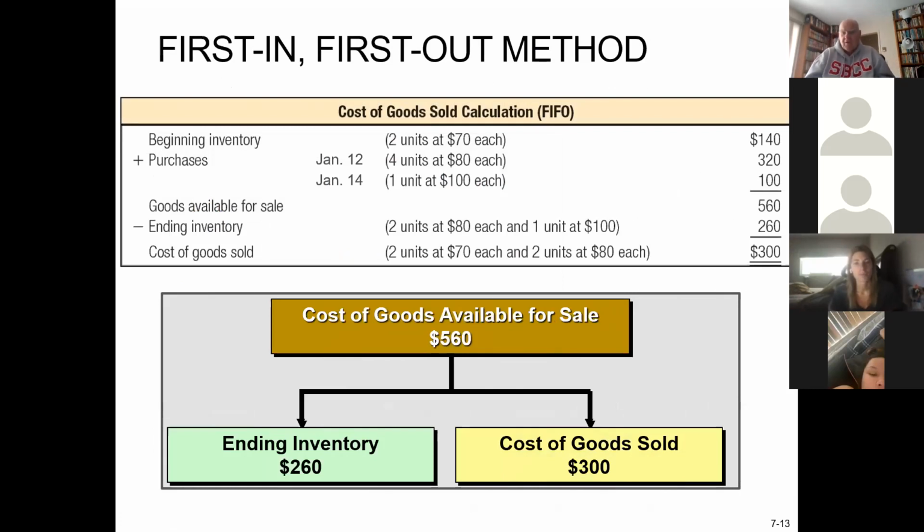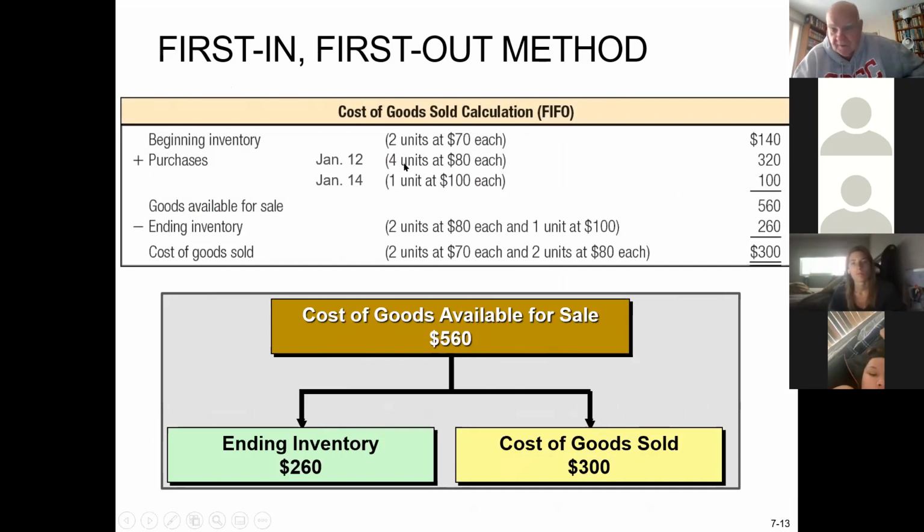Okay, we're talking FIFO. So we sold the first in, first out. Our cost of goods sold, which represents what we sold, is going to be 2 times 70 equals 140.